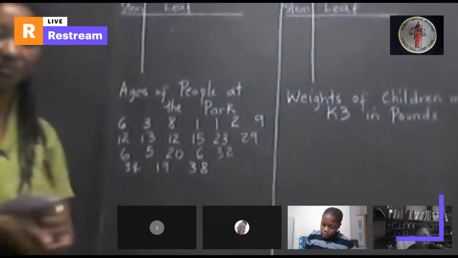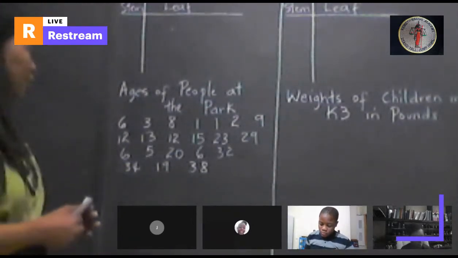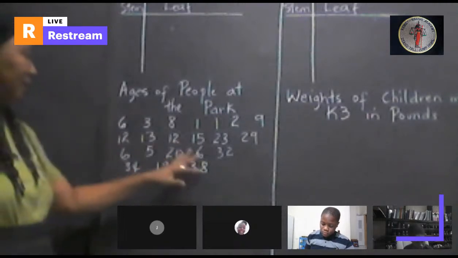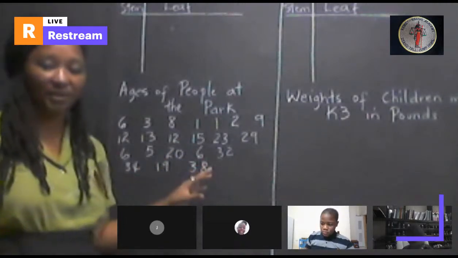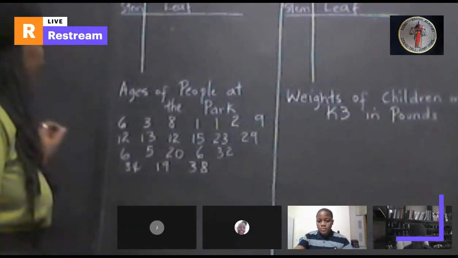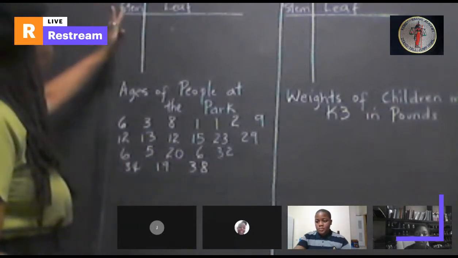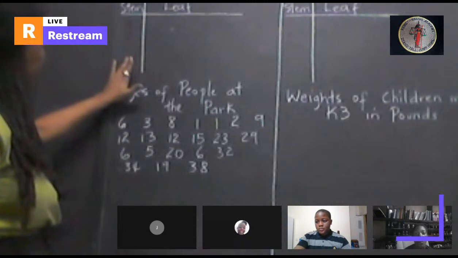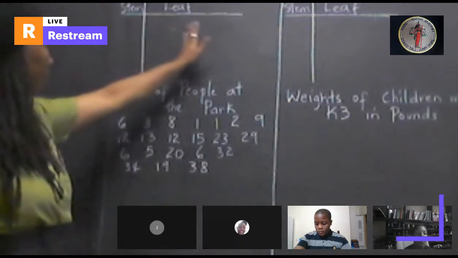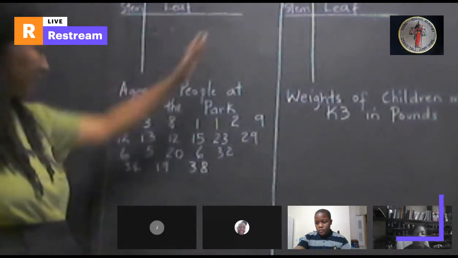Yes, miss. All right. So remember, this is the raw data, just the numbers. For the stem, we are going to put the first digit here, and then the other digit will come with the leaf, right?